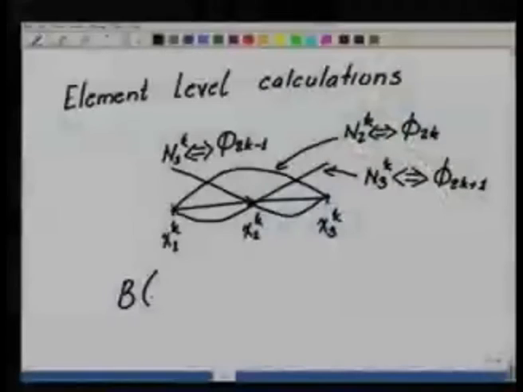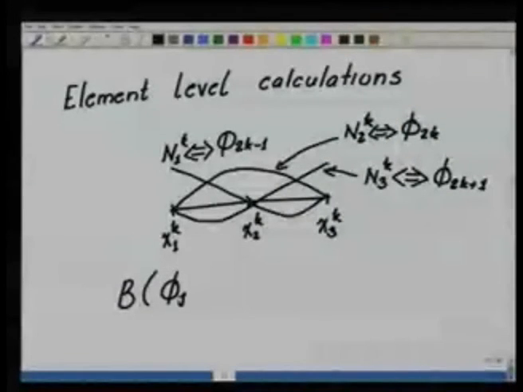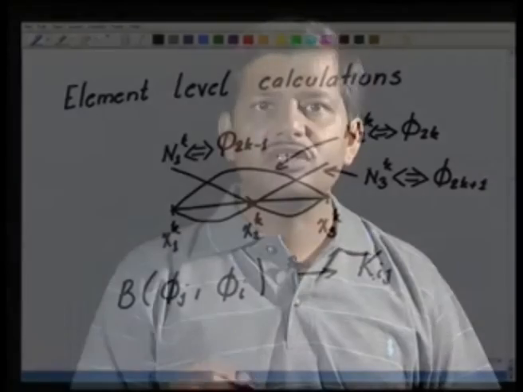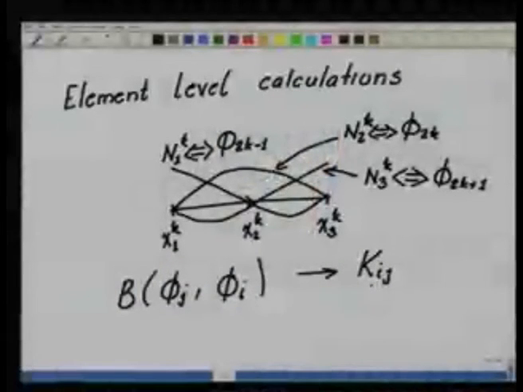So, if I take that B that I had written, phi j, phi I, which is nothing but, as we had said, Kij, which of the i's and which of the j's will get contribution from the element? As we have said, I equal to 2k minus 1, I equal to 2k, and I equal to 2k plus 1.